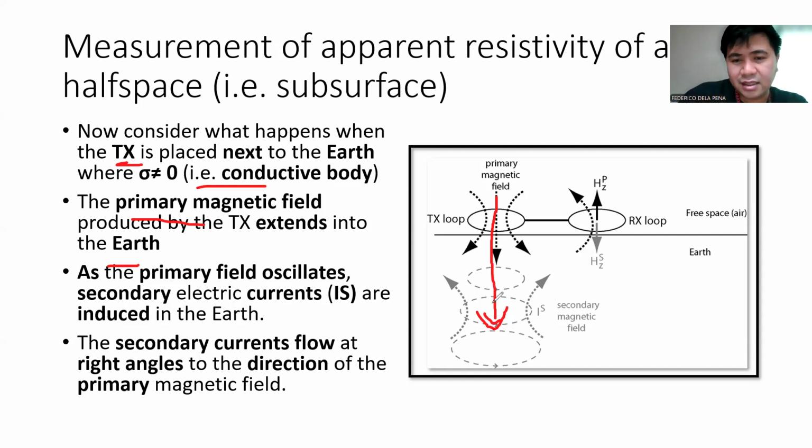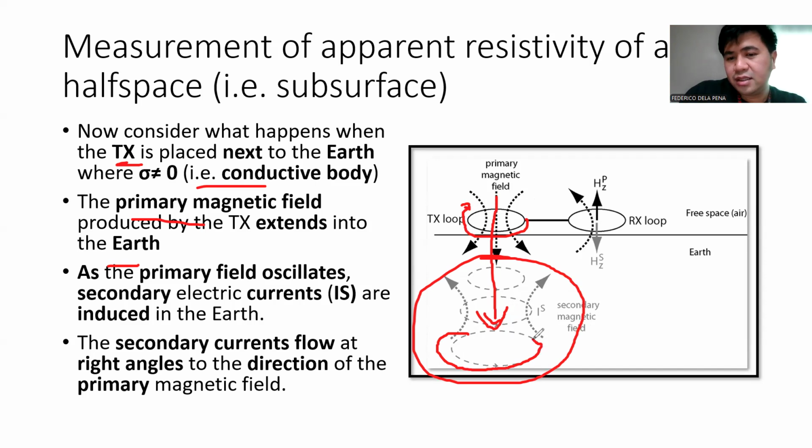Okay. And the resulting current will try to oppose. The current generated in the subsurface will oppose that magnetic field. So if the current in the transmitter is going this way, the current in the subsurface will be going the opposite way.